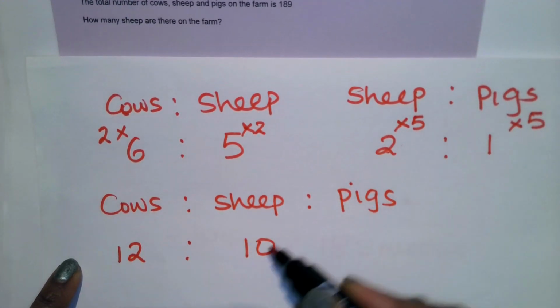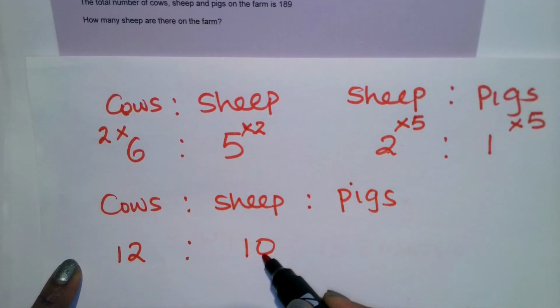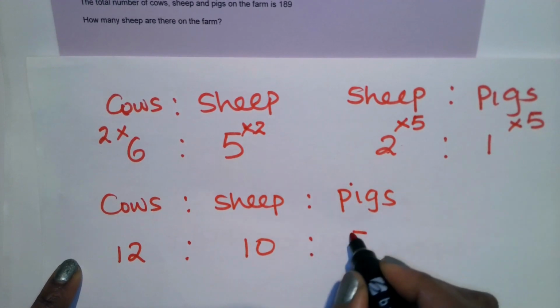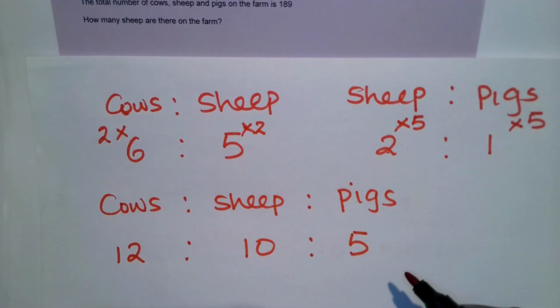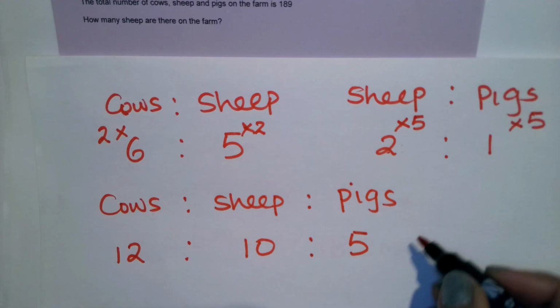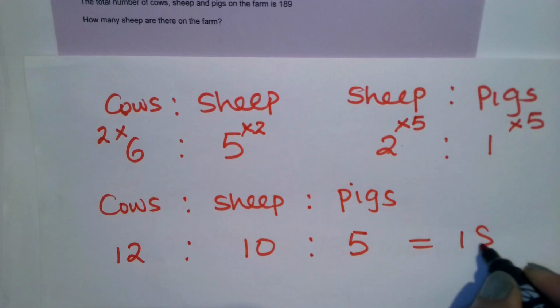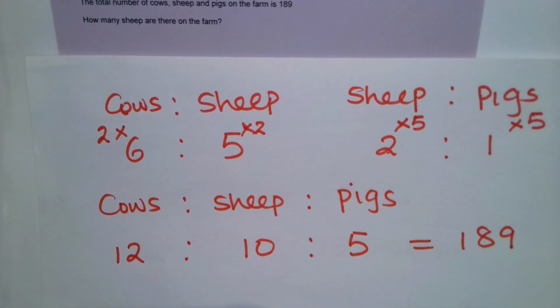We've got 2 times 5 is also 10, so we've got the same number for the sheep, and then pigs 5. So now the total number of cows, sheep and pigs on the farm is equal to 189. We're going to find out how many sheep we've got.